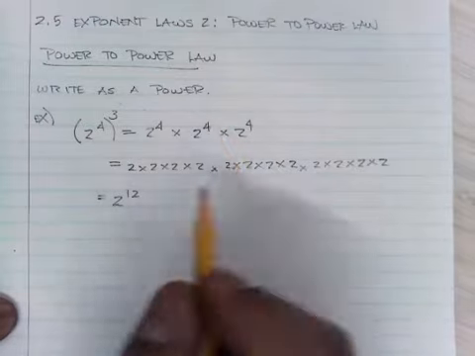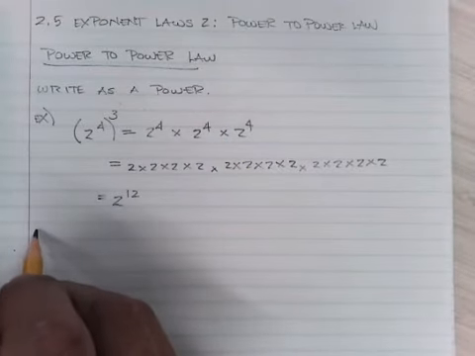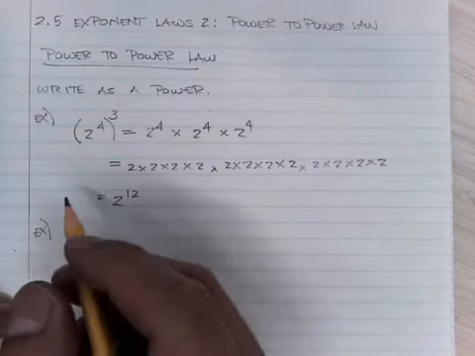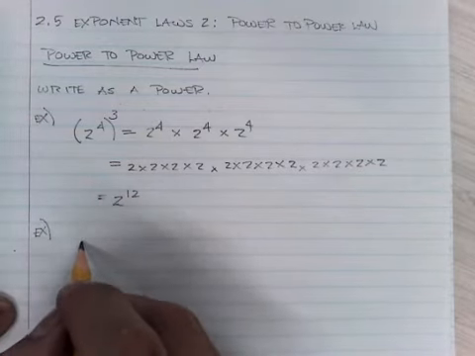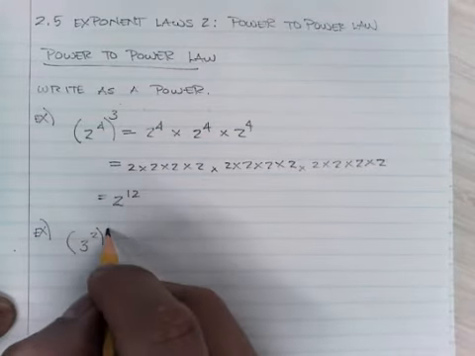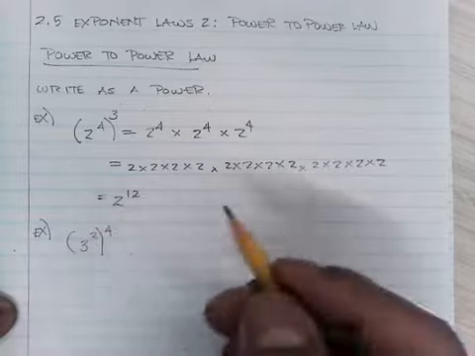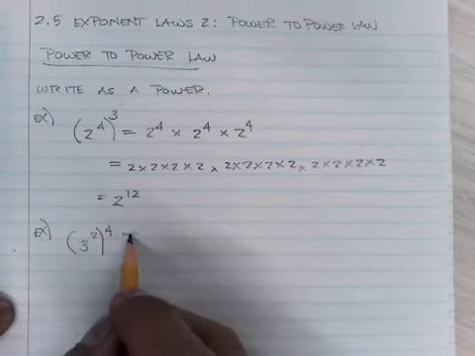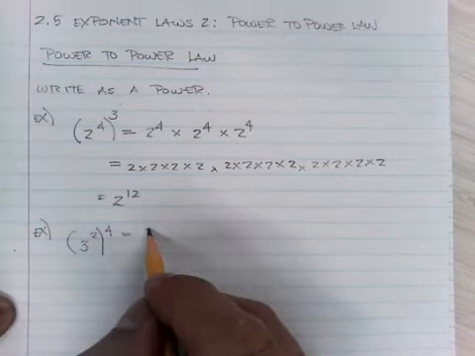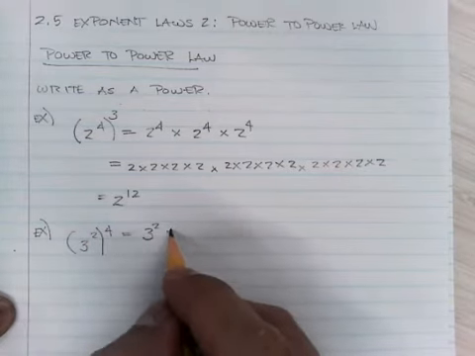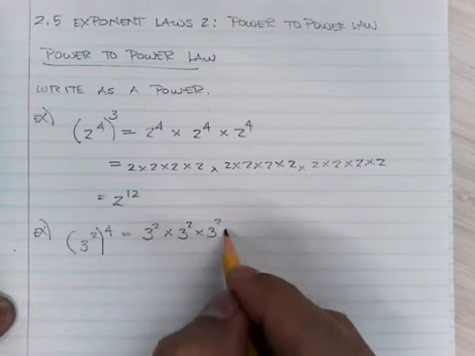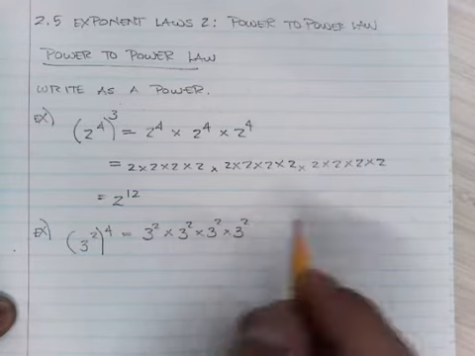Maybe we'll try that again. How about we try something simpler? Let's say 3 to the power of 2, all this to the power of 4. What does that look like as a repeated multiplication? Our first base is 3 to the 2, so we're going to multiply that to itself 4 times.